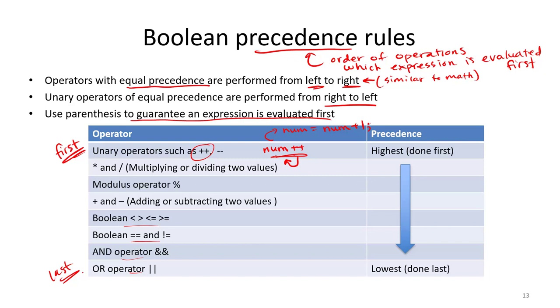If I were to give you a programming assignment that required you to write Boolean expressions, you would need to make sure you followed these rules in order for that program to run correctly. So keep this table handy for your reference as you get comfortable writing Boolean expressions. And remember, if you want to guarantee that an expression will be evaluated first, you can put that expression inside parentheses.